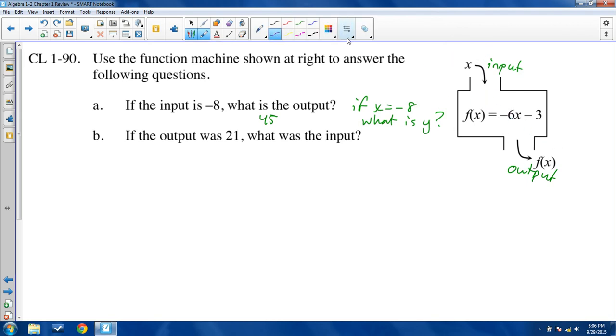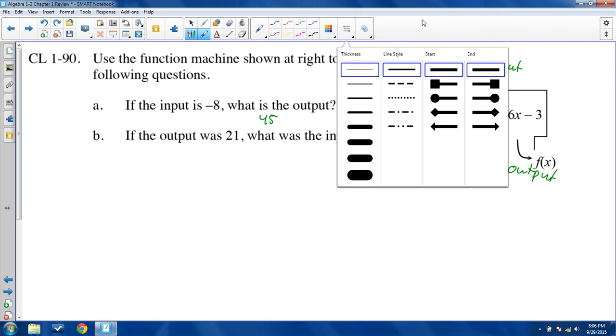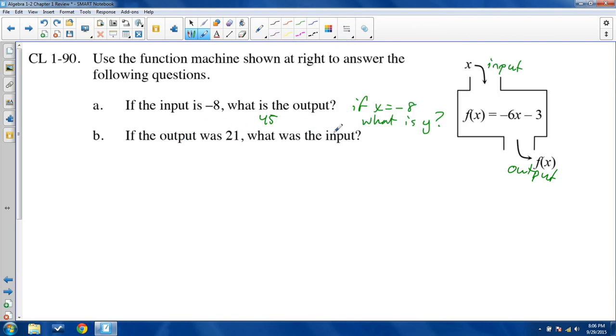That's literally what happened. Okay, this one: if the output was 21, what was the input? So this time the output was 21. That was f of x. So if f of x equaled 21, just like last time, remember, put in 21 in place of f of x. We are solving for the input x. What came in to give us 21?